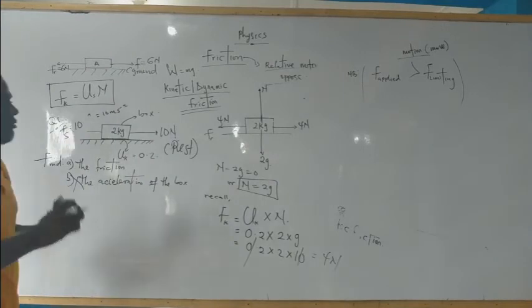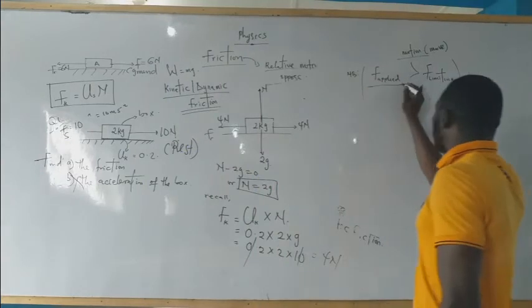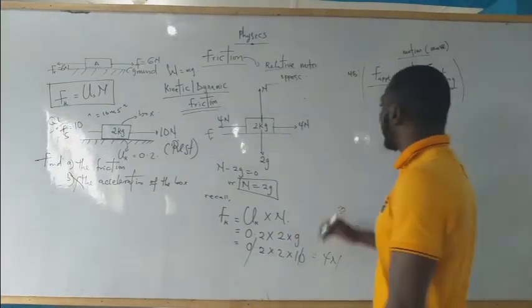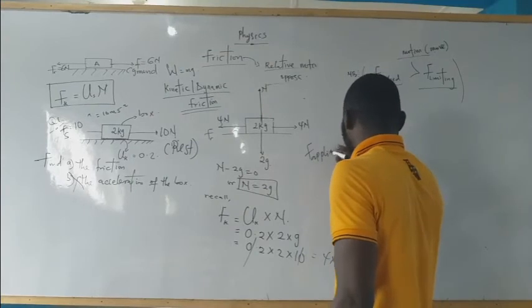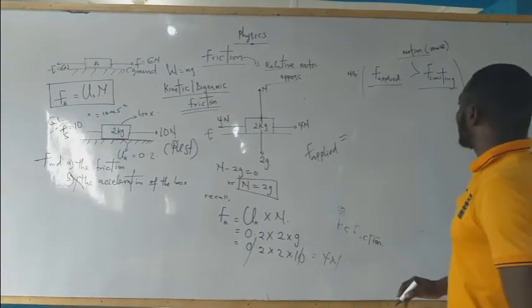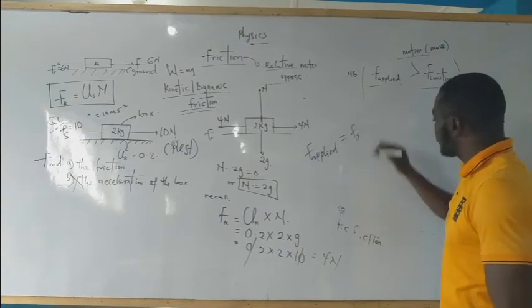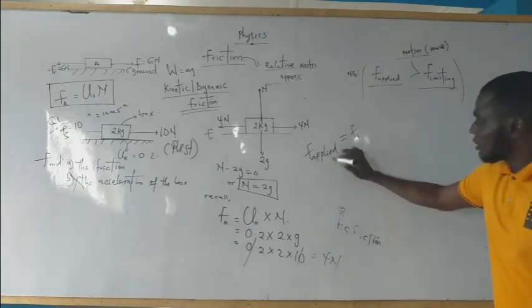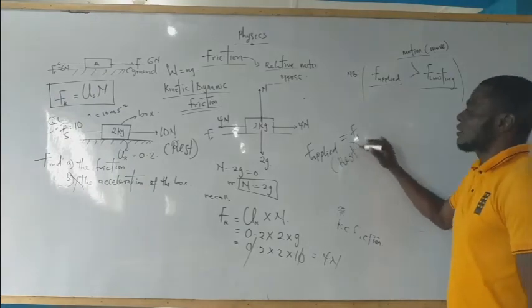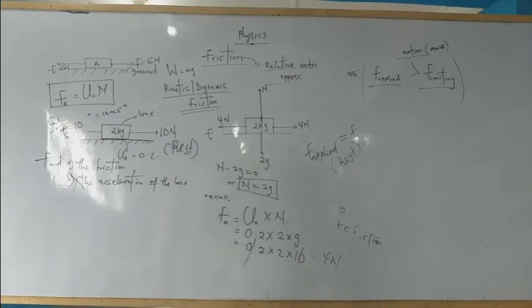Static means that the box will be at rest, because the force applied is equal to Fs, that is the static frictional force. It means that the body will remain at rest. Take notes.